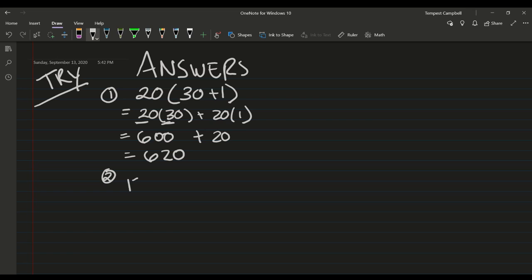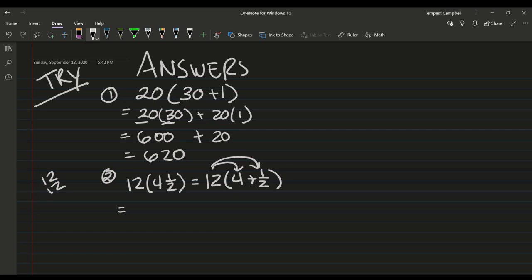Number 2 is 12 times the quantity 4 and 1/2, which we can rewrite as 12 times 4 plus 1/2. So now we can distribute this, and we get 12 times 4. So 12 times 4, well, 12 times 2 gets me 24. So then 24 plus 24 gives me 48.